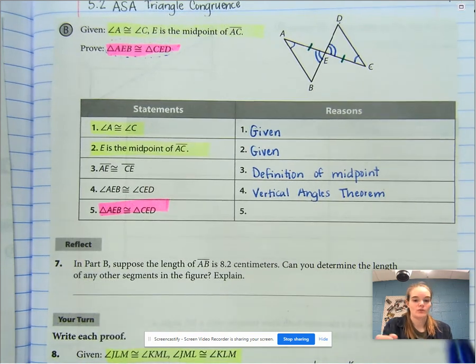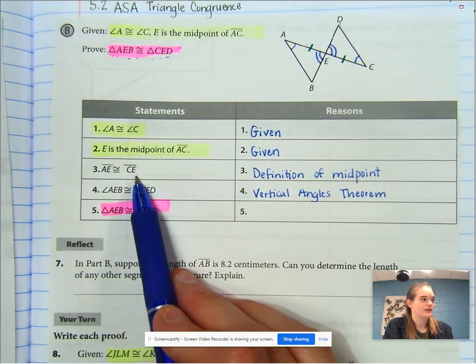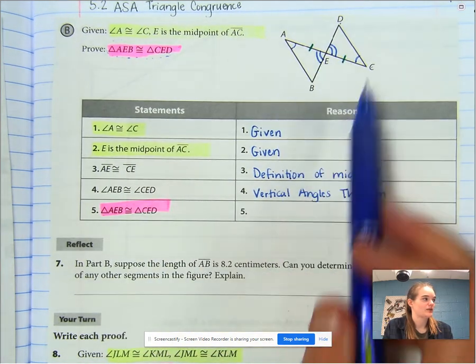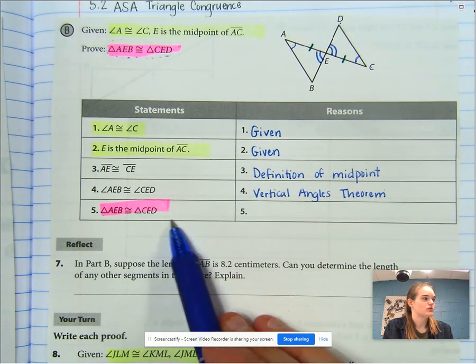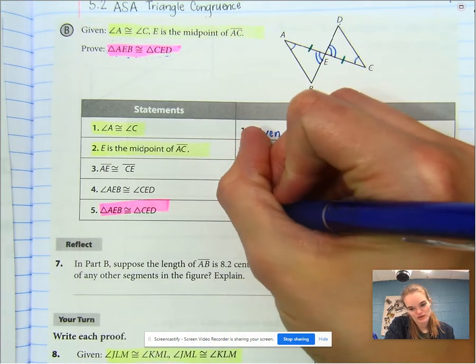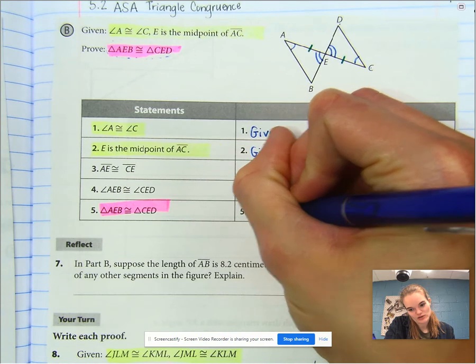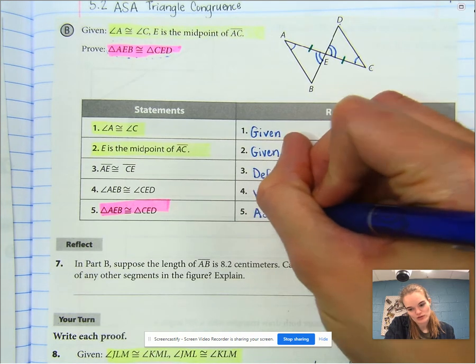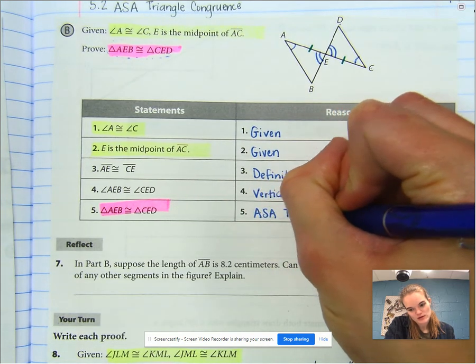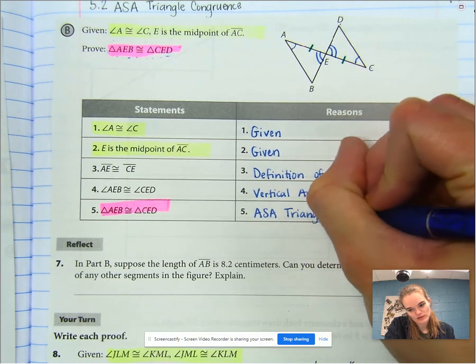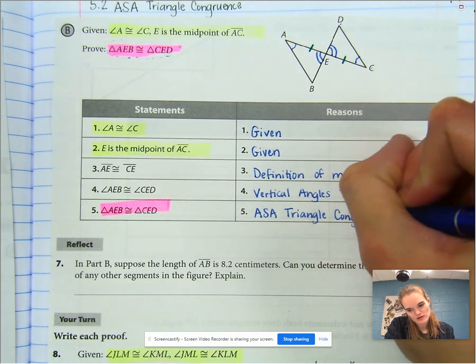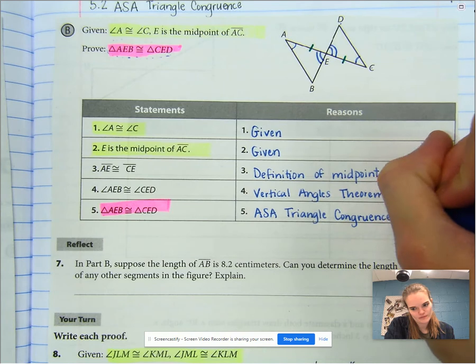All right, we have an angle, we have a side, we have an angle. They're exactly where they need to be. So we have two congruent triangles because of the angle-side-angle triangle congruence theorem.